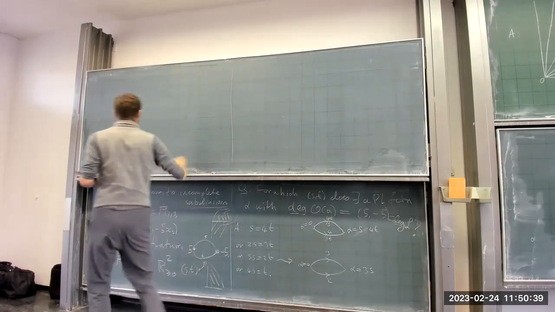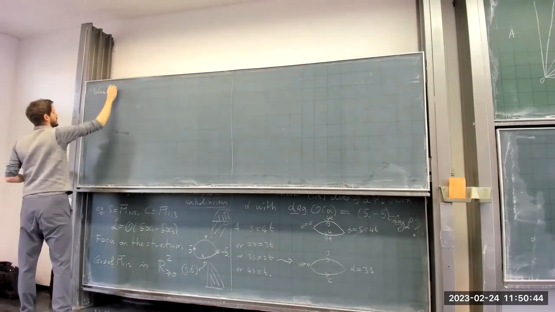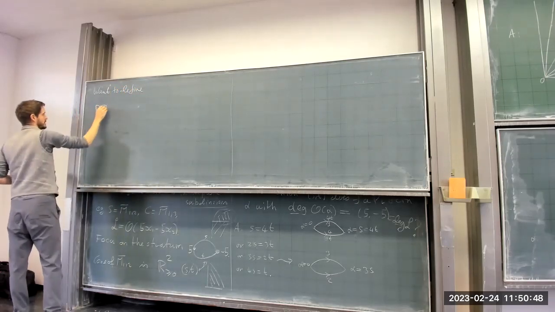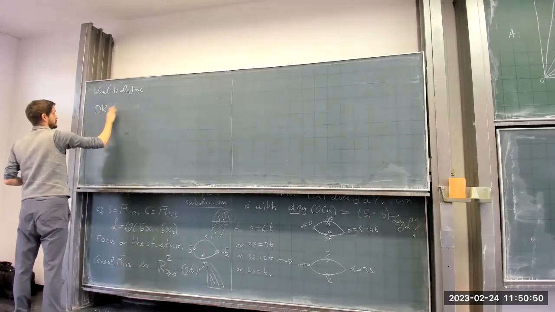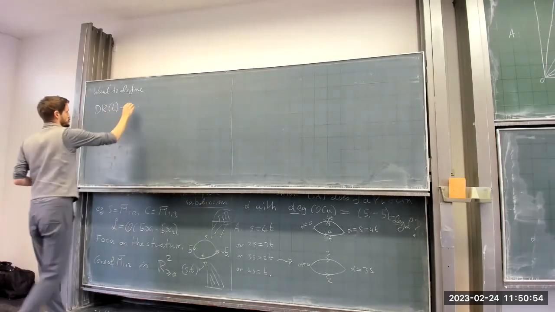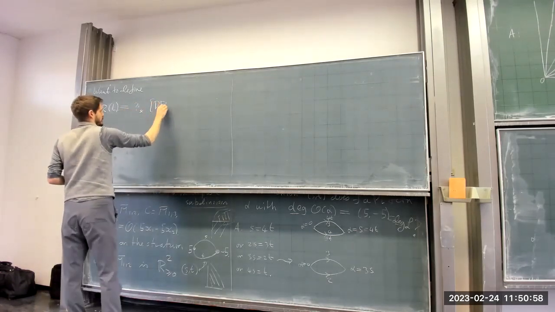So we want to define the double ramification, or the real double ramification cycle of L now, to be some sort of push forward of some virtual fundamental class.